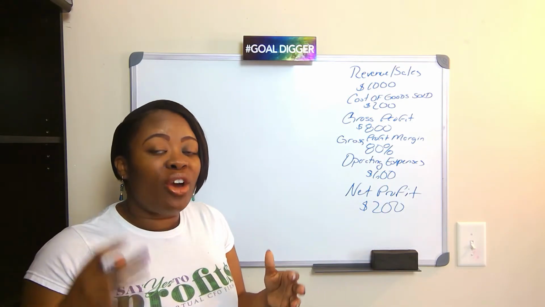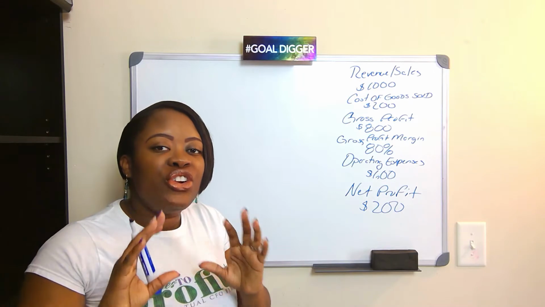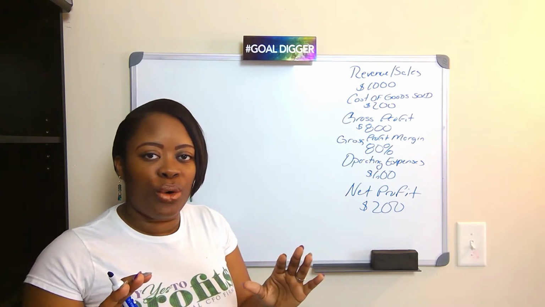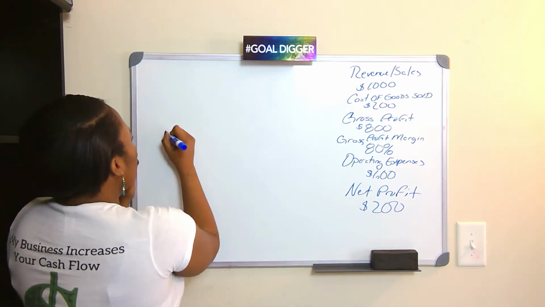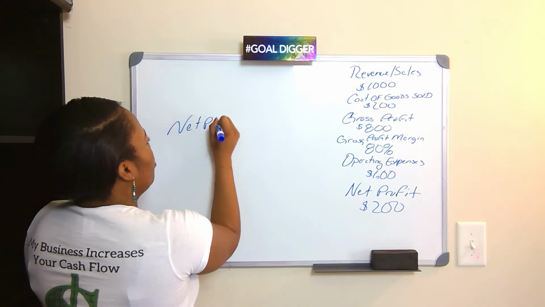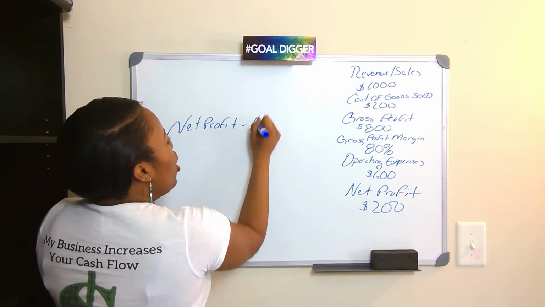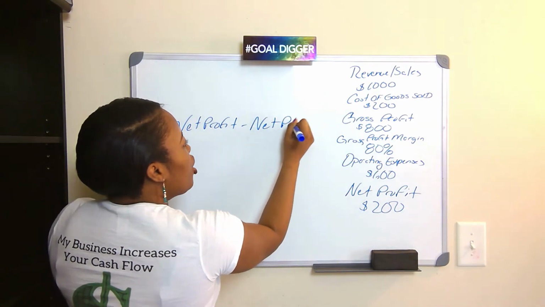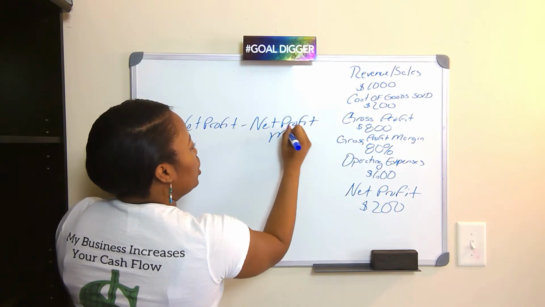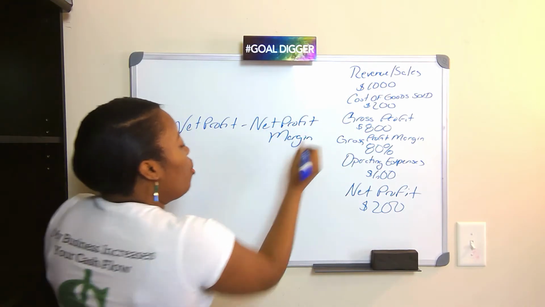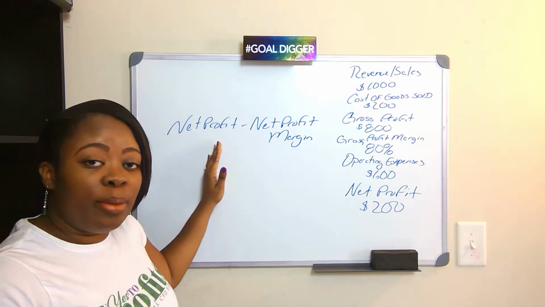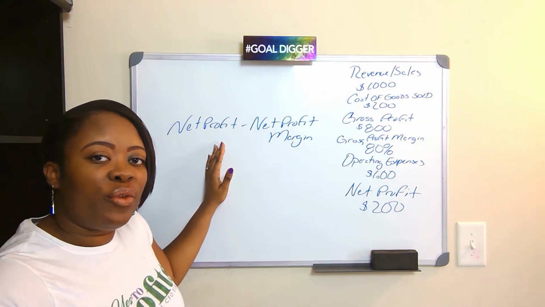Now that you are aware of your net profit, there's another term that is highly important, which is similar to net profit, known as your net profit margin. And while these two terms look similar, they mean two totally different things.